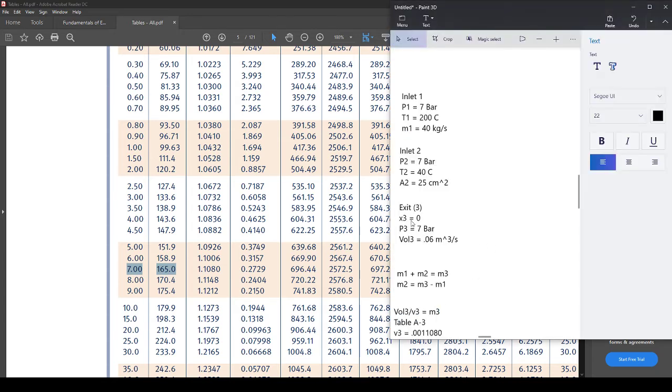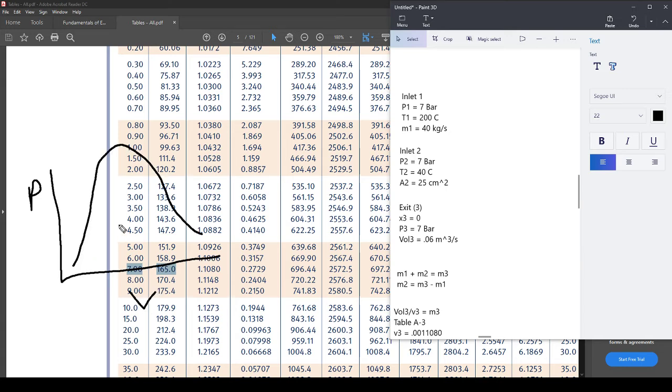So because our exit was a saturated liquid, if we look at, I'm going to draw a little TS diagram, or not TS, I'll draw a little PV diagram, right? This is just like a little trick for my mental. So if I know that state 3, so let's draw pressure 3 is right here, right? So this is pressure 7, so this is 7 bar, on this line.